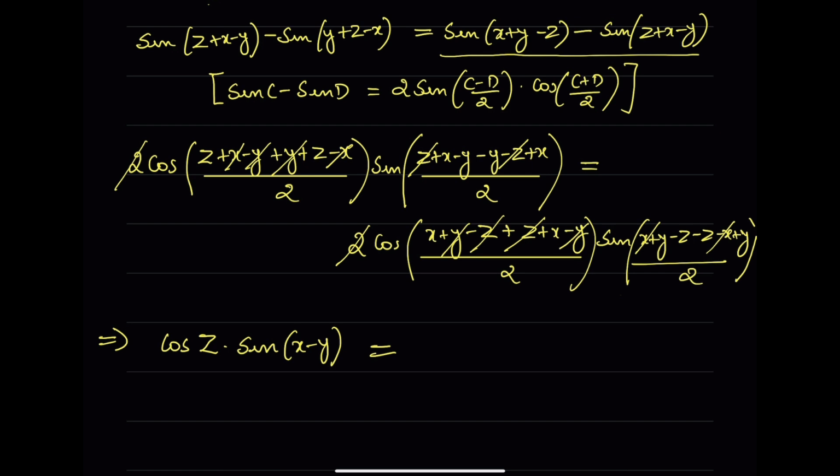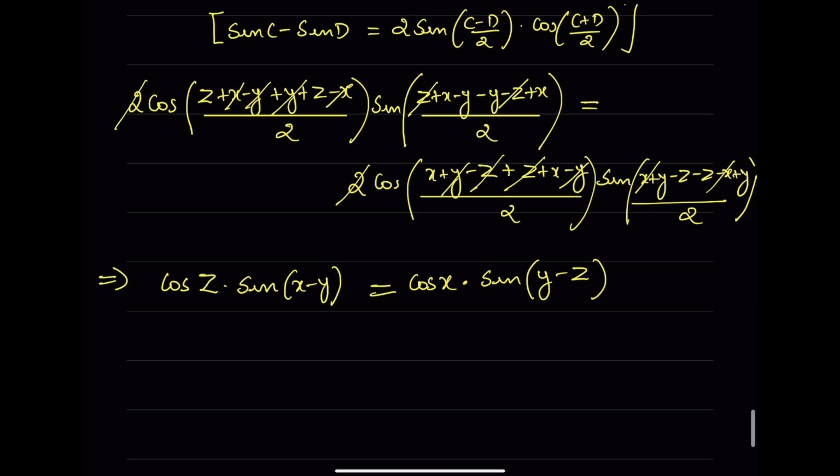And this is equal to, on the right hand side we will have cos of 2x by 2, that is cos x, multiplied by sine of 2y minus 2z by 2, which is y minus z. Now this is of the format sine of a minus b on both sides. Let's apply that formula.